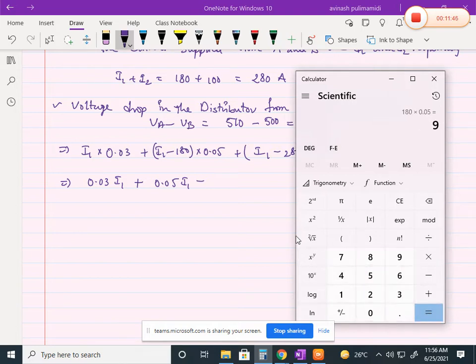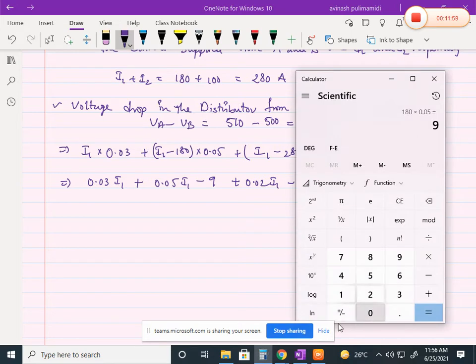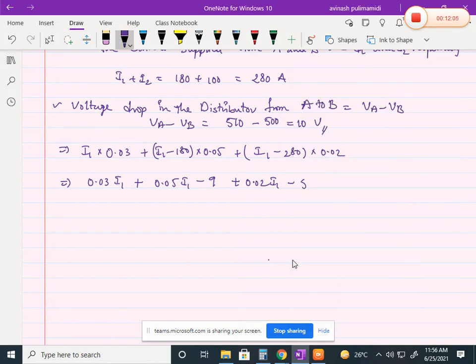What is the value we get here? 9. Plus 0.02 into I1 minus 280 into 0.02. What is the value you get here?